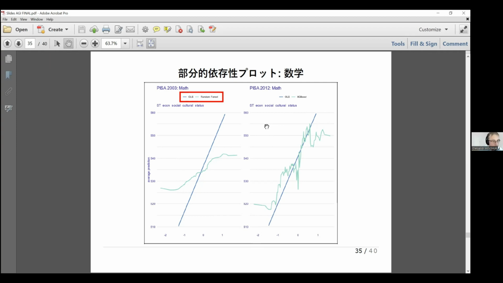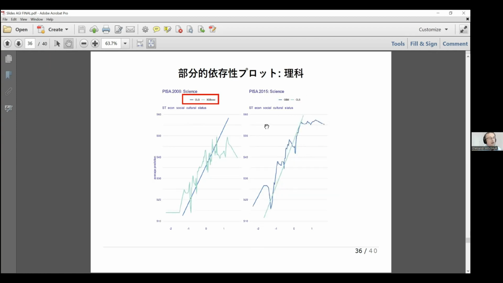So the slope of socioeconomic gradient became steeper. Next, I show results for science, and again there is overall very high volatility, but increasing very sharp gradient. Here, the slope of socioeconomic gradient didn't change very much.